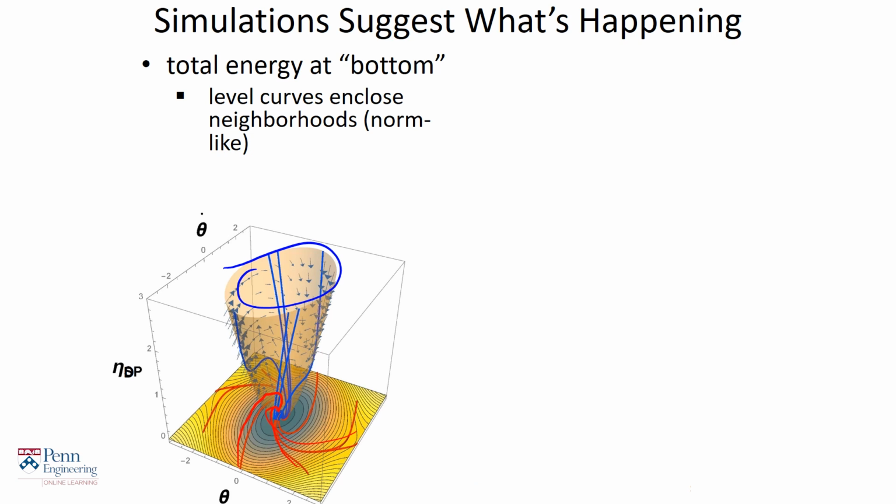It's very close and almost indistinguishable from the situation we had with the damped harmonic oscillator. The level curves are enclosing neighborhoods, namely the level curves of the total energy are norm-like in the vicinity of the bottom fixed point. And so I conclude, because the power is non-positive, the total energy is bowl-like and the power is non-positive, and so that tells me, without ever having to draw these pictures or solve the differential equation to get the red flow, which I can't, it tells me, even without this picture, what's going on.